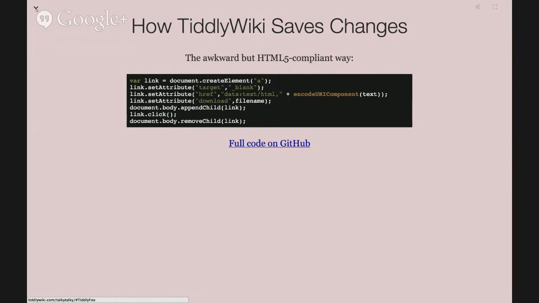I believe that some browser makers do seem to have concerns about the security implications of the download attribute. So in fact, I wouldn't be surprised if the behavior does change over the next decade or what have you. But for a while, at least, I think we're reasonably safe with it.